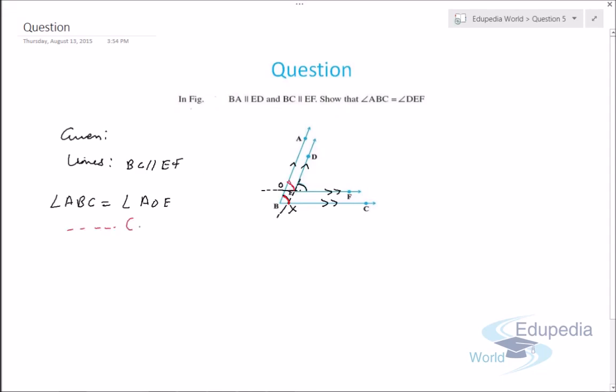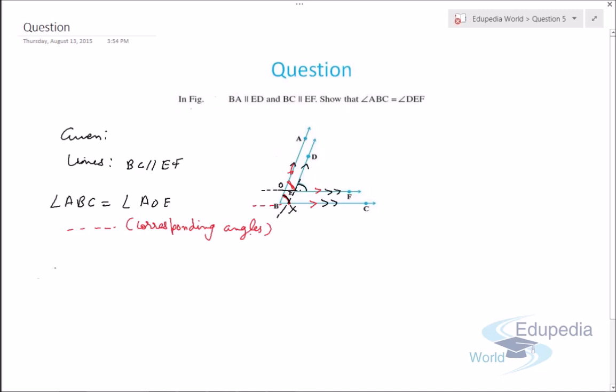They are corresponding angles. Why are they corresponding? Because this line BC is parallel to this line, and we can extend this line also, and AB makes a transversal. So this angle and this angle are corresponding angles, right?